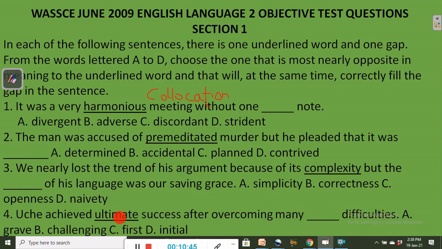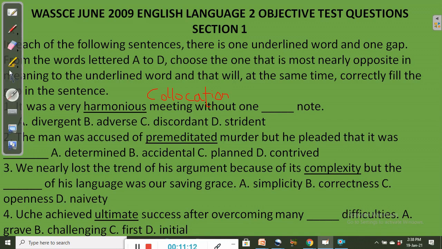So ultimate is final success after overcoming initial difficulties. So initial can be the antonym of ultimate within this context, and it can also collocate with difficulties, initial difficulties. All right?